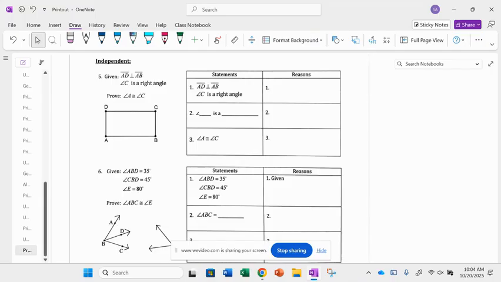So it's not the definition of a right angle. The definition of a right angle is an angle that is 90 degrees. So how did we know that that was a right angle? What from the given told you that it was a right angle? Yeah, so it's not definition of right angle, it's definition of perpendicular, because it's perpendicular in the given, that means you look for it.